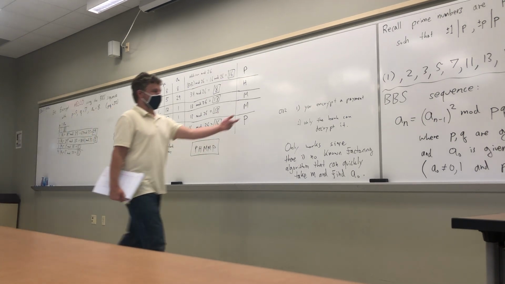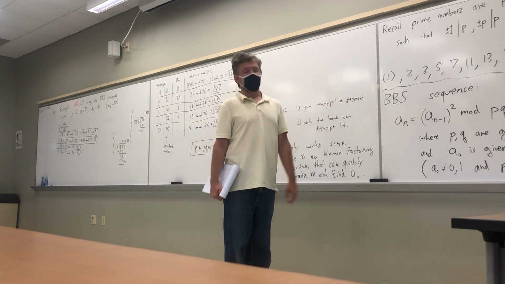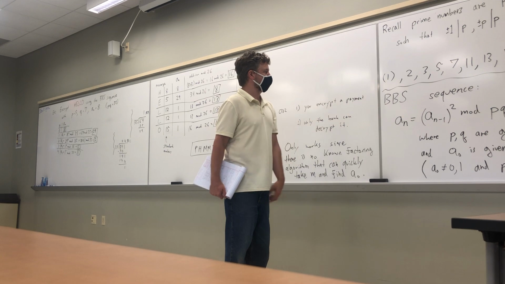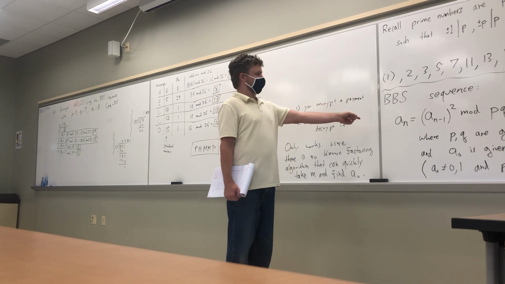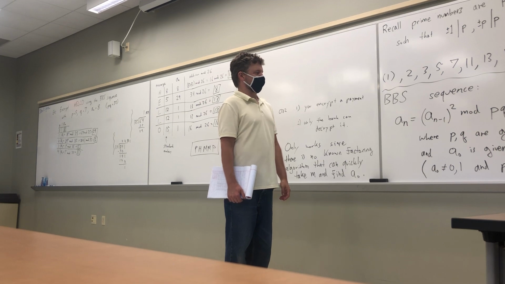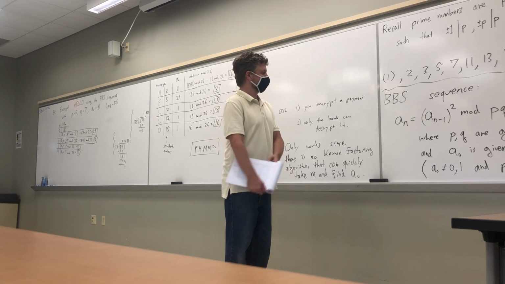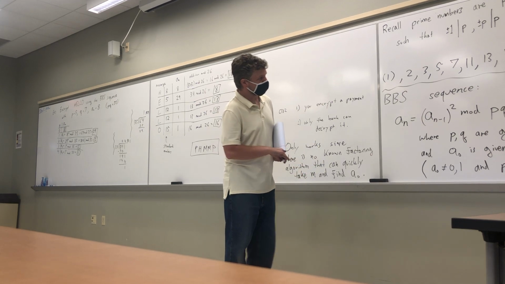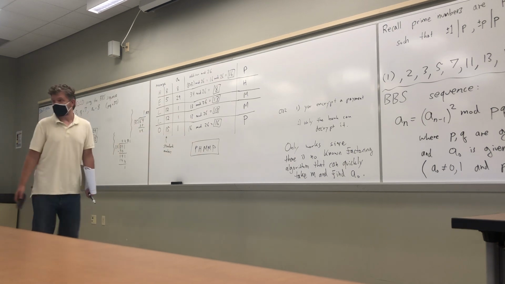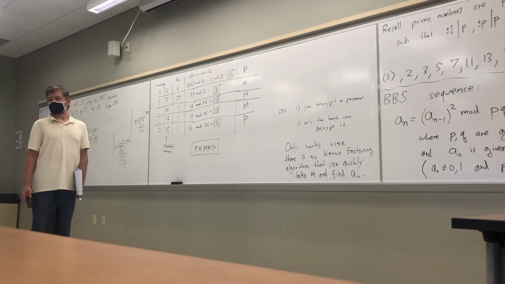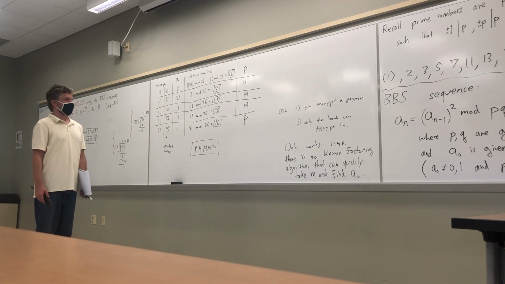I could make you memorize this formula here, but I probably won't. I'll just go ahead and give you the formula. So in the question, I'd say, remember, the BBS sequence is A sub n equals A sub n minus 1 squared mod PQ. And then I would give you PQ and A0, if you're going to do that one. It's more interesting on a computer, though, because then you can give it giant numbers and see all kinds of random numbers coming out, making it a decent encryption.